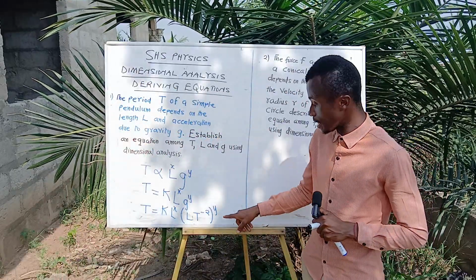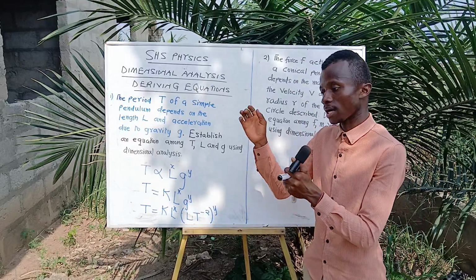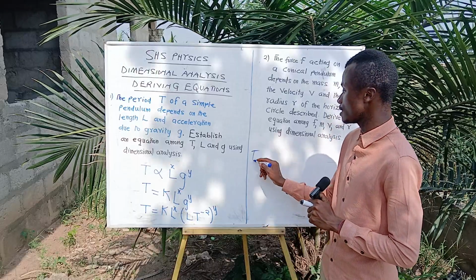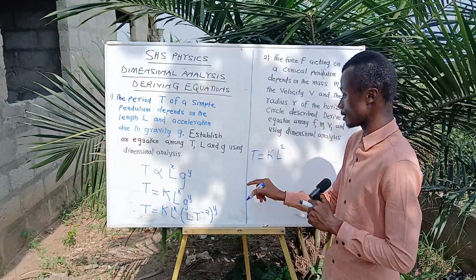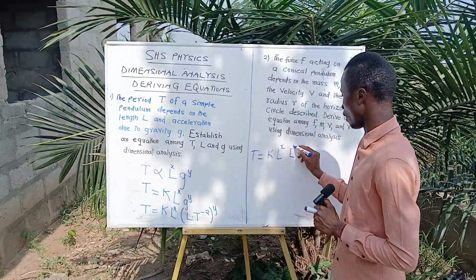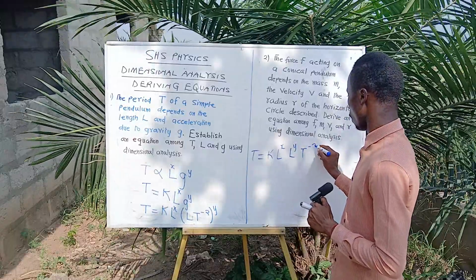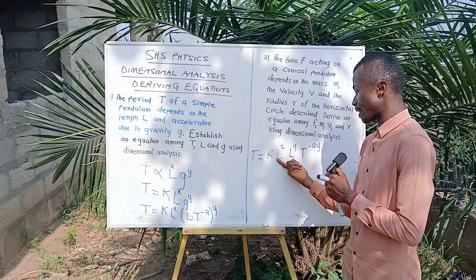Next step, if there is any bracket, expand it. Then use the powers of indices to add or to subtract. So we have T is equal to k, L to the power x here. Then we expand the bracket, we have L to the power y, T to the power negative 2y. So we have some like bases over here.